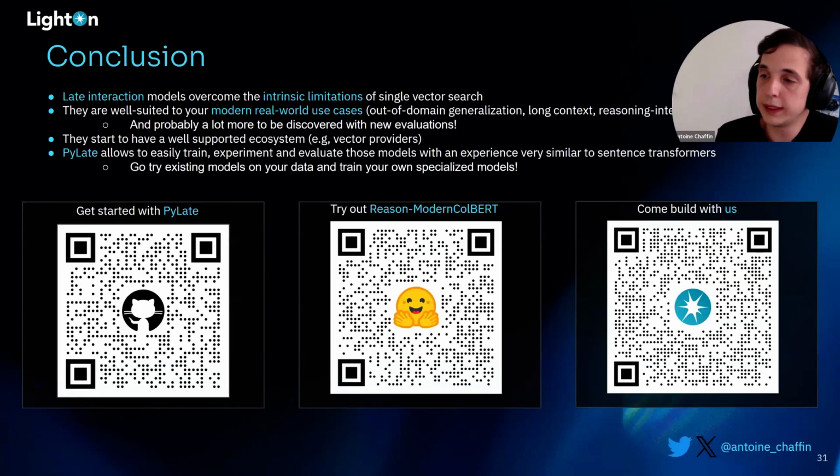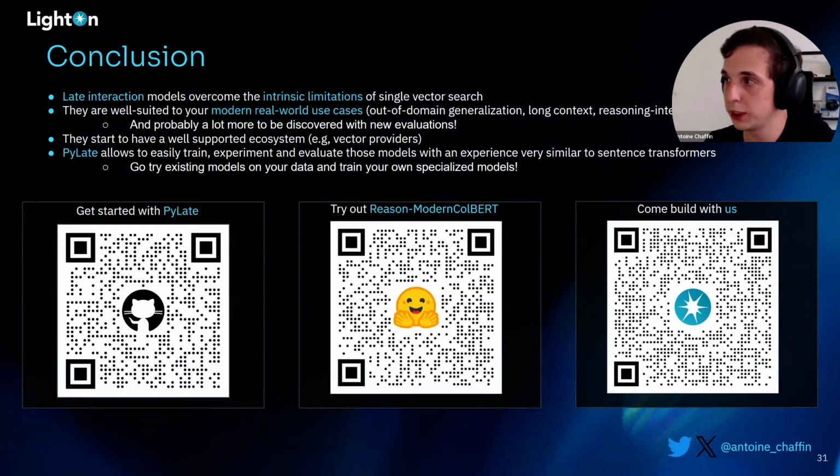All right, so this is the end of this talk, which might have been a bit dense, pun intended. But to summarize the key points really quickly, late interaction models allow us to overcome the intrinsic limitations of single-vector search. And this makes them very well suited for your modern real-world use cases, and probably a lot of other benefits are yet to be discovered. They are starting to get well supported in the ecosystem.